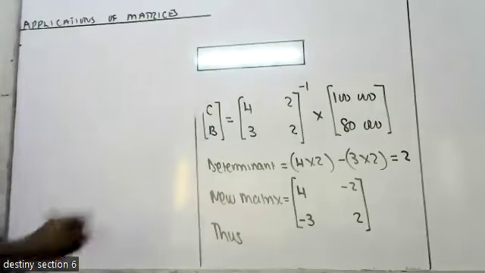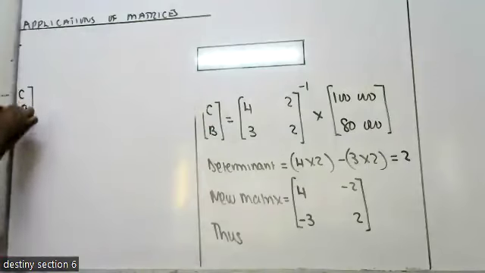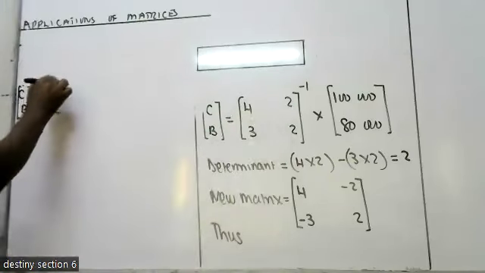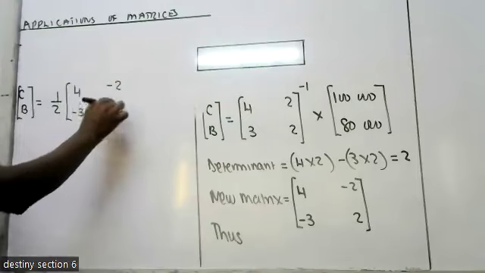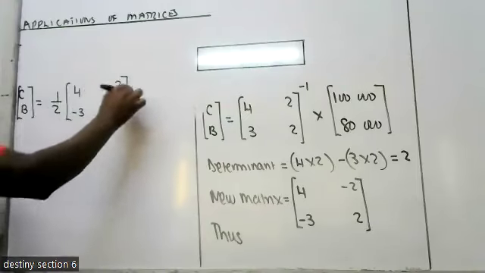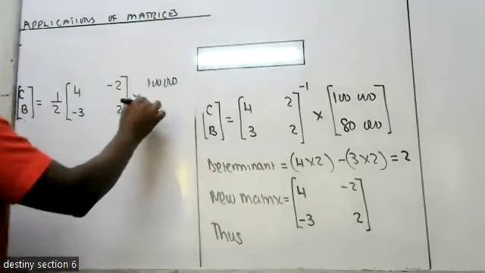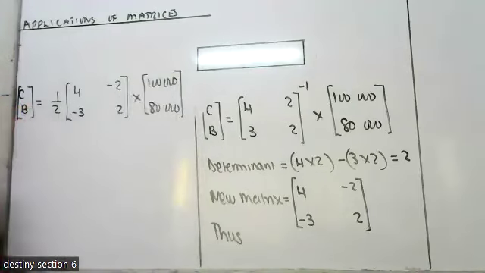CB is equal to, now I know the inverse. The inverse will be 1 out of 2 multiplied by the new matrix, which is 4, minus 3, minus 2 and 2. Now I multiply by this one, 100,000 and 80,000.